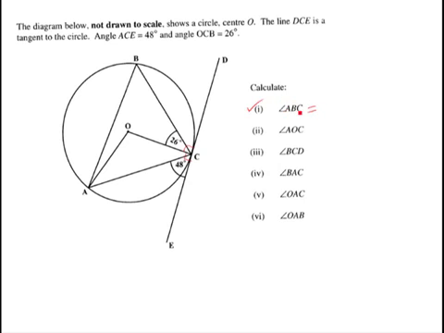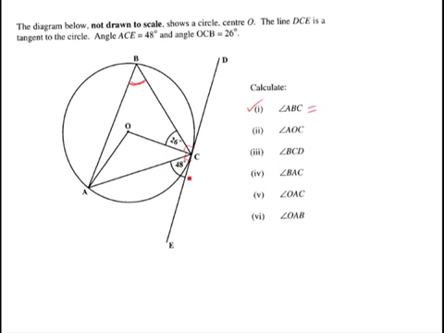So here's angle ABC, going from A to B to C. I guess they want us to find this one first, the angle at the circumference. Okay, now how are we going to find that? Well, the angle between the tangent and the chord AC is 48.